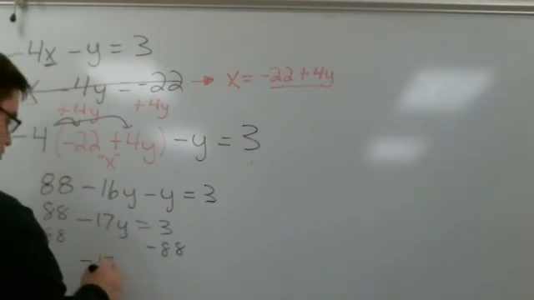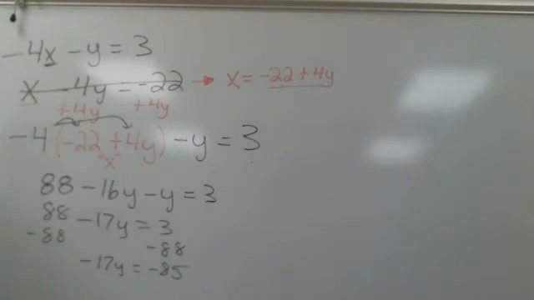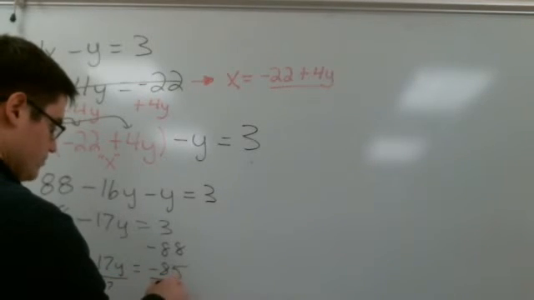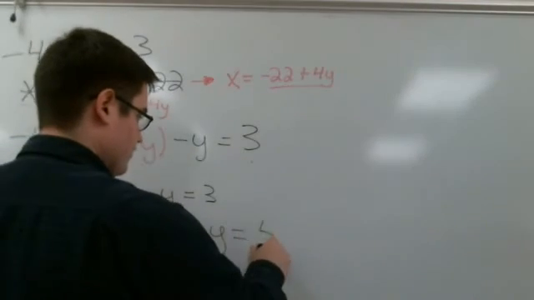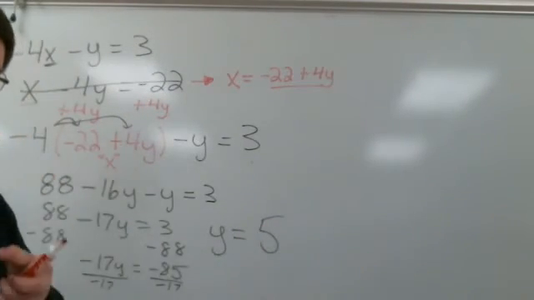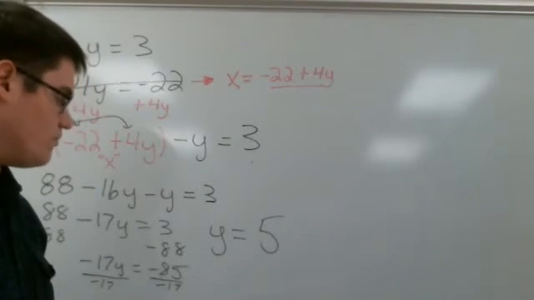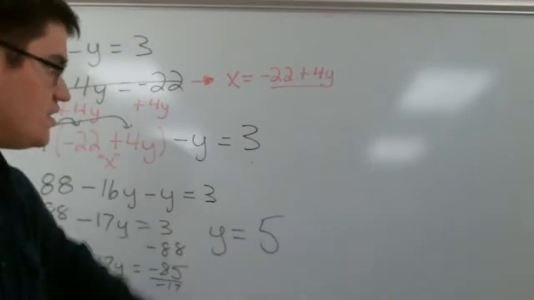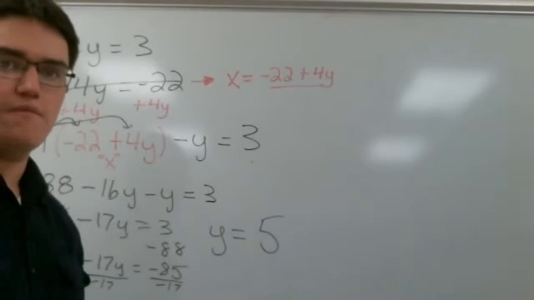It's negative 17y equals negative 85. And now we divide. That's going to be 5. So we see that using substitution, we were able to get our y value of 5.